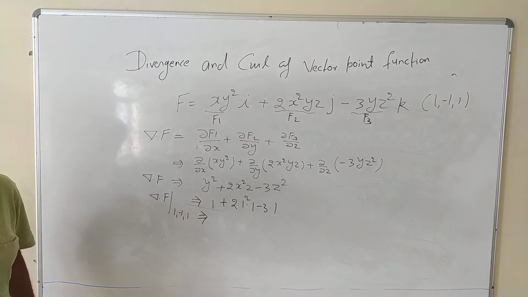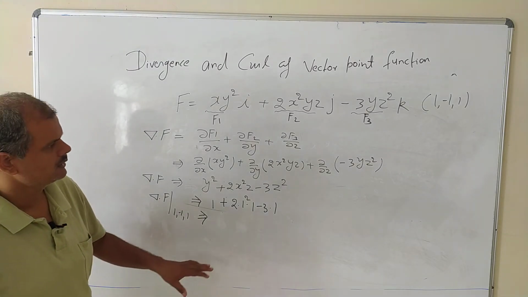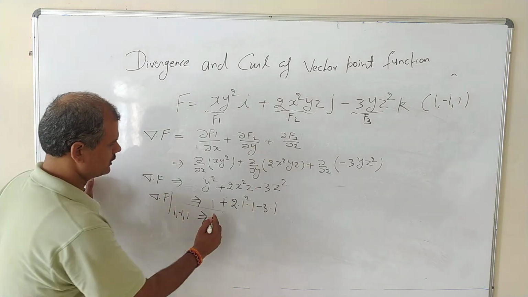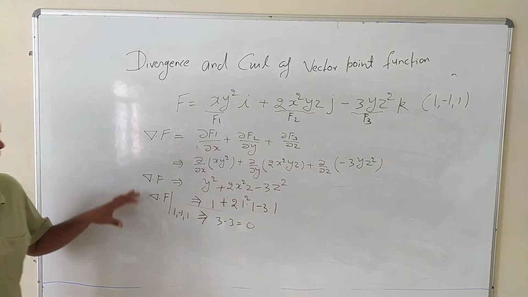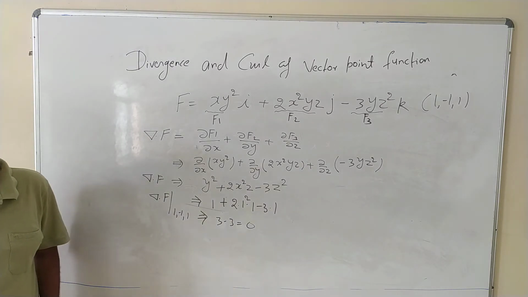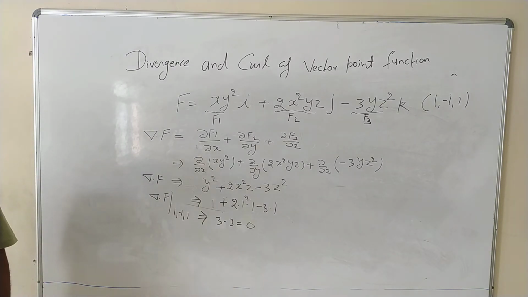So we are getting 3 minus 3 equal to 0. So gradient of F will be 0.